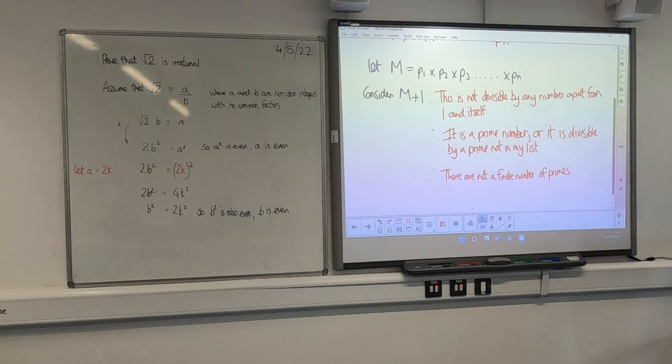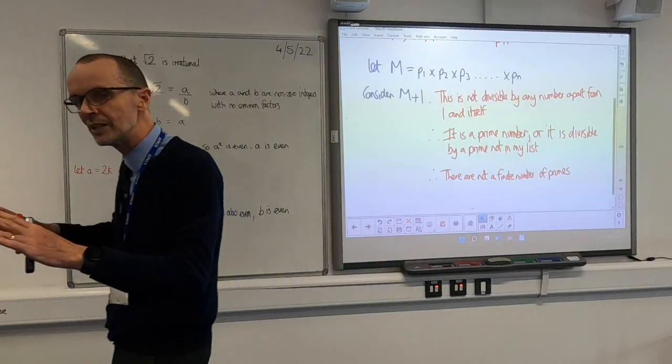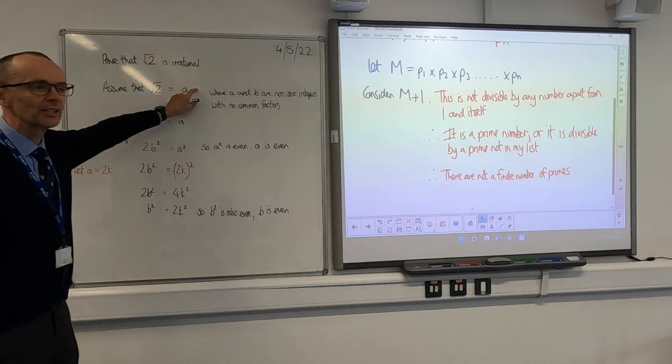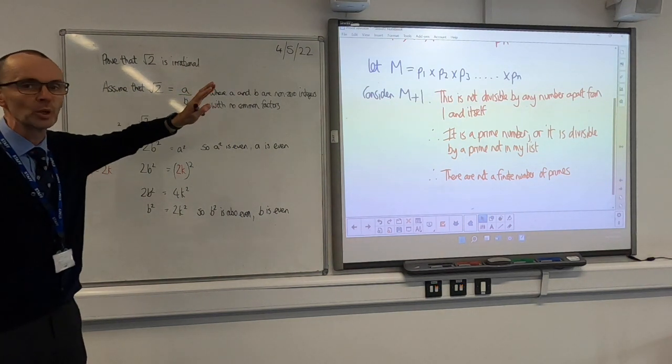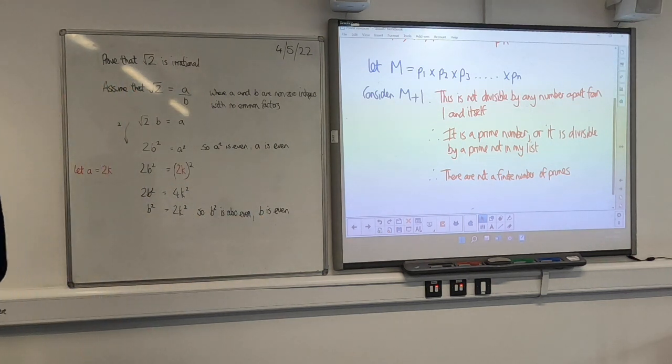And can you see where I've hit the problem? This is what proof by contradiction does. You start off doing algebra until you hit a mistake. I said up here that this is a simplified fraction, so a and b have no common factors. Therefore they can't both be even, because they'd be divisible by 2.